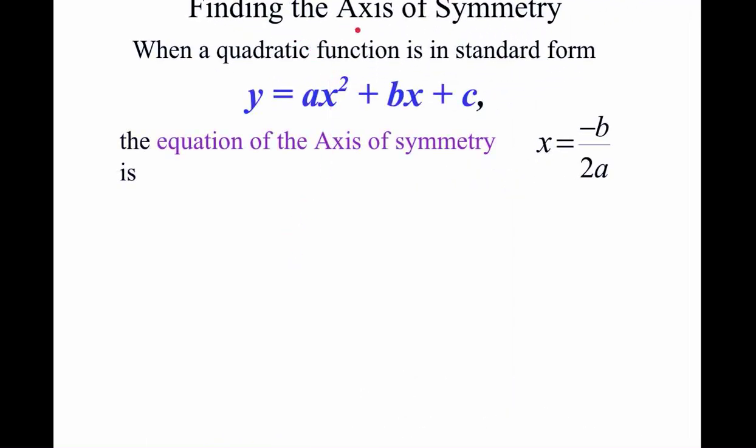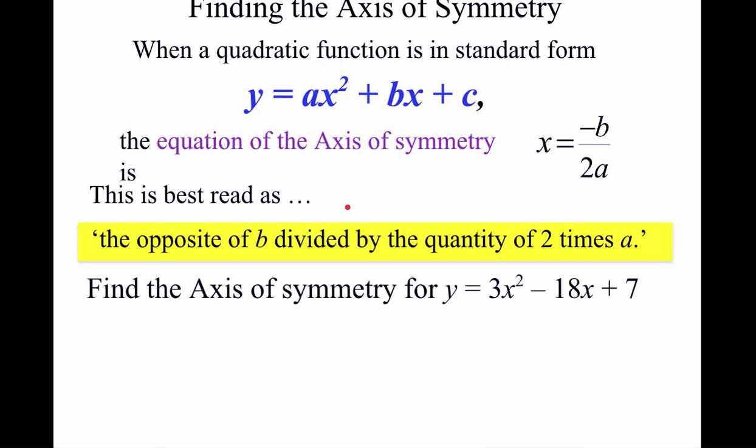So to find axis of symmetry, we write the equation x equals negative b over 2a. We get those numbers from the standard form of an equation. So for example, we are to find the axis of symmetry for this equation here. Your a is 3, your b is negative 18, and it coincides with your standard form of the equation.